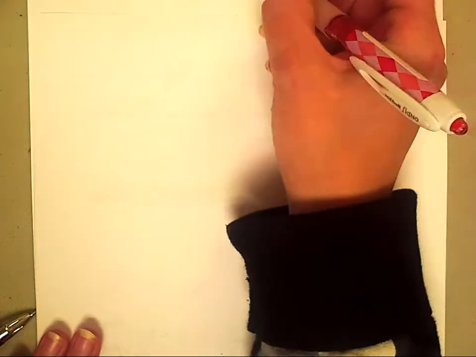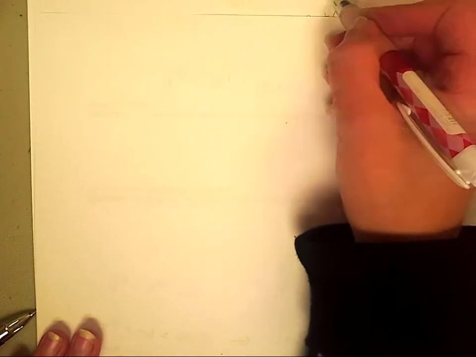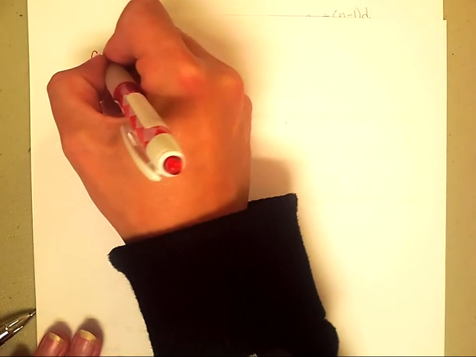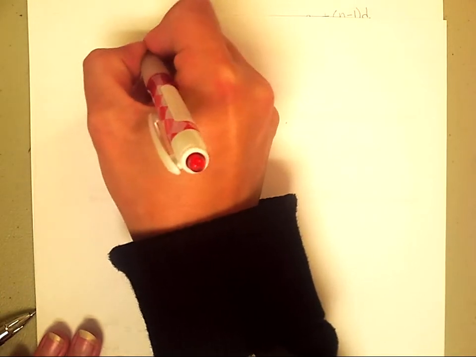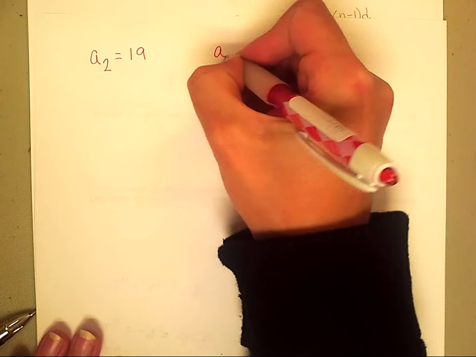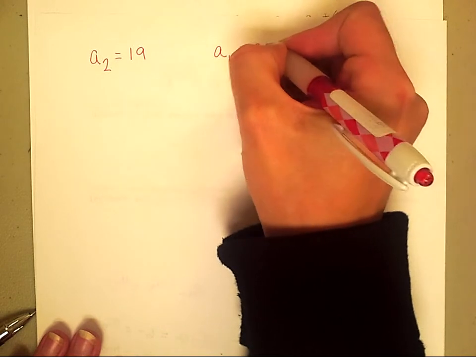Okay. So now, let's say that I need to find the first term and the common difference of an arithmetic sequence whose second term is 19, so a sub 2 is equal to 19, and whose fourth term, a sub 4, is equal to 25.